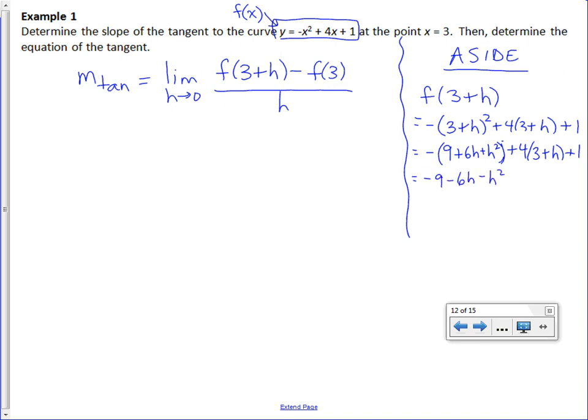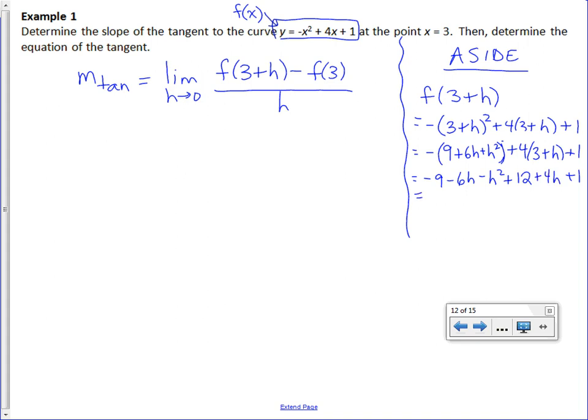I also have to distribute the 4. I can't tell you how many times students do everything perfect, and then they do plus 12 plus h plus 1. What did they forget? The 4h, right? You distribute the 4 as well, right? So just be careful, okay?